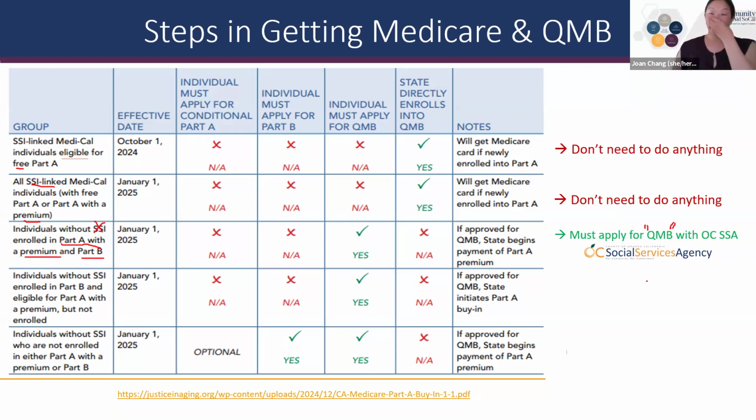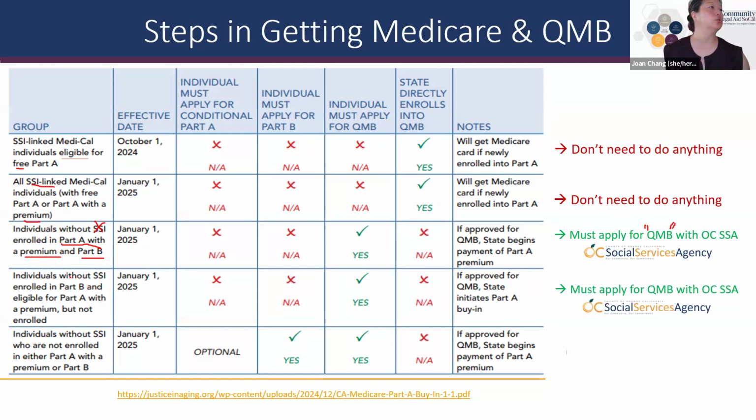If no one knows what the heck that is, talk to a supervisor until you speak with someone who knows what QMB is, and they'll give you a QMB application, and you can go ahead and file. So you only have to do step one. You just have to go to Orange County Social Services, AKA the county, AKA the Medi-Cal office, and apply for QMB.